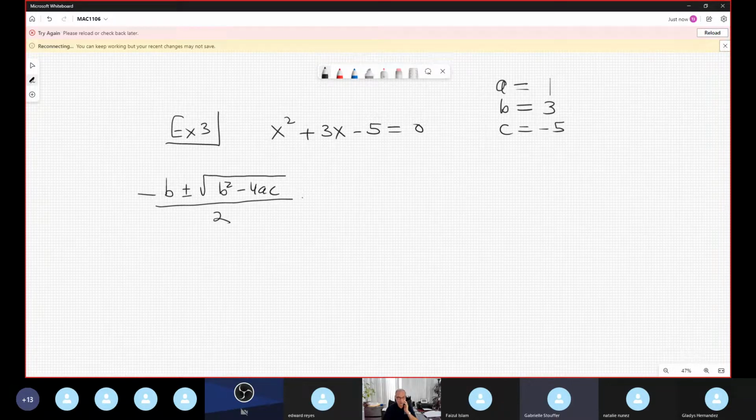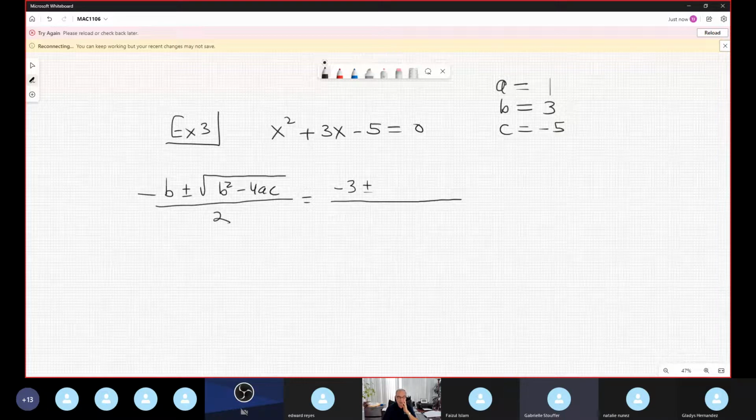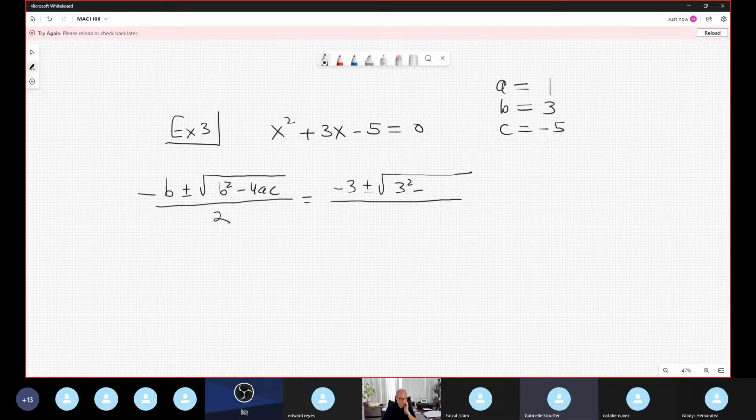And this is my specific formula for this example: minus 3 plus or minus the square root of 3 squared minus 4 times 1 times negative 5, divided by 2 times 1.